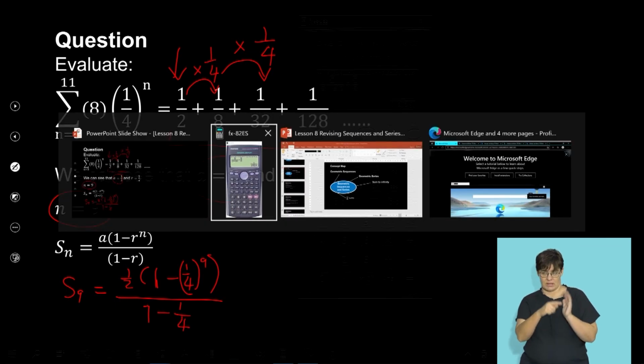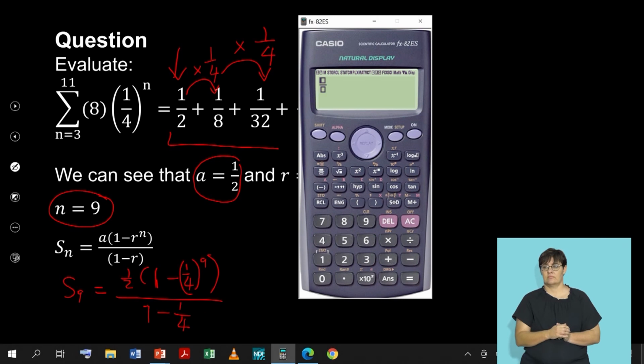So let's plug this all into my calculator. So we've got a half multiplied by 1 minus a quarter to the power of 9 over 1 minus a quarter. Let me just make sure that fraction comes in.